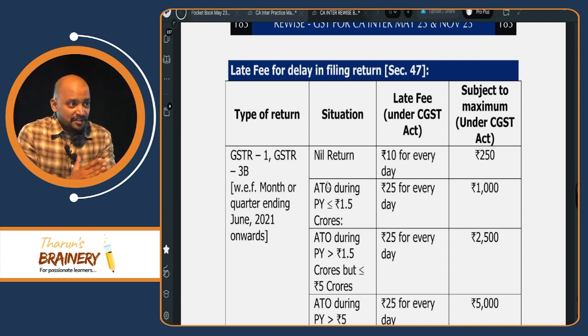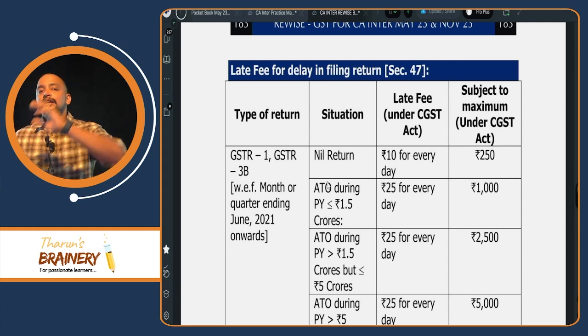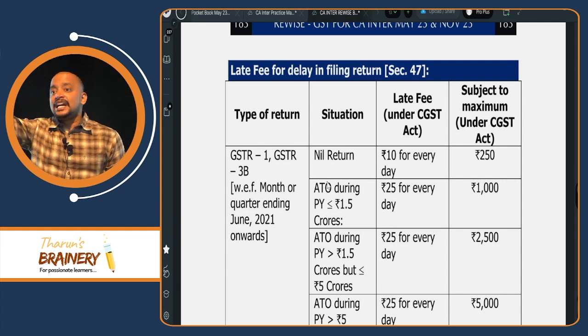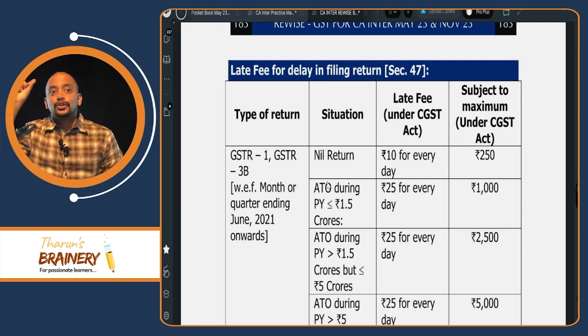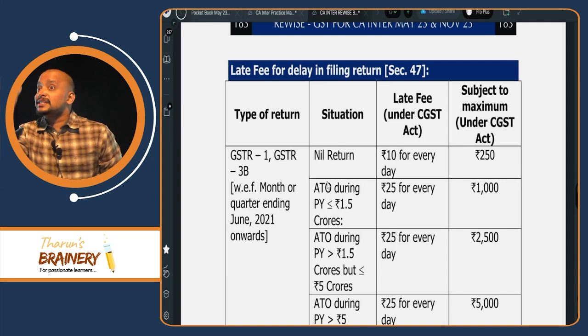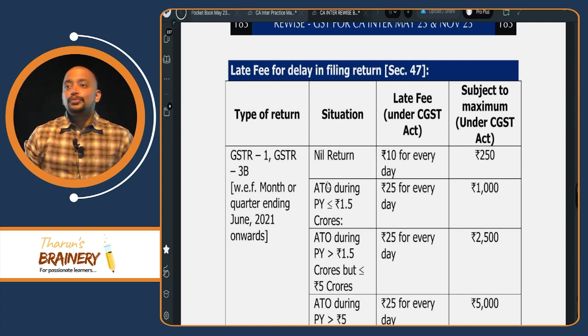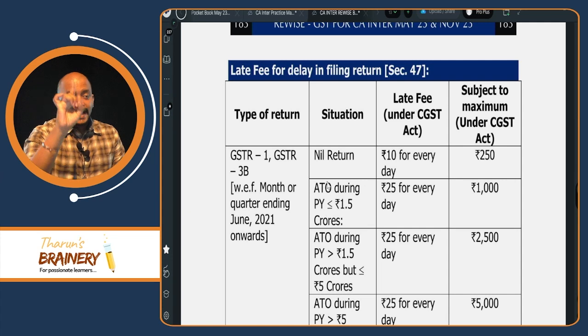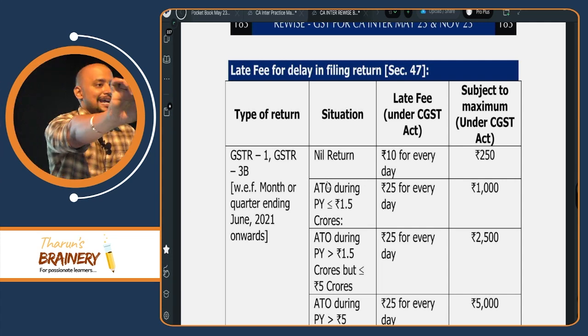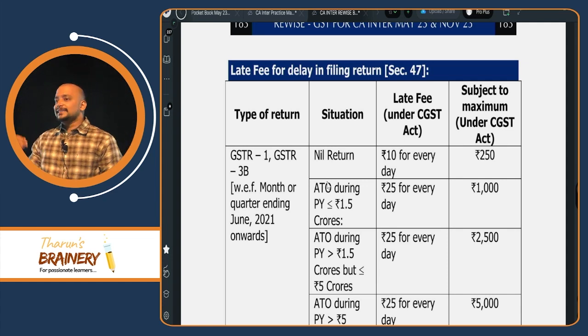Now the same late fee will be payable under the SGST Act. Now concentrate. In MCQ if you get compute late fee, then you need to compute as per both the CGST Act and SGST Act and check the answer in the options. Suppose if they give compute late fee under the CGST Act, means you need to compute only as per the CGST Act. For example, delay 30 days.